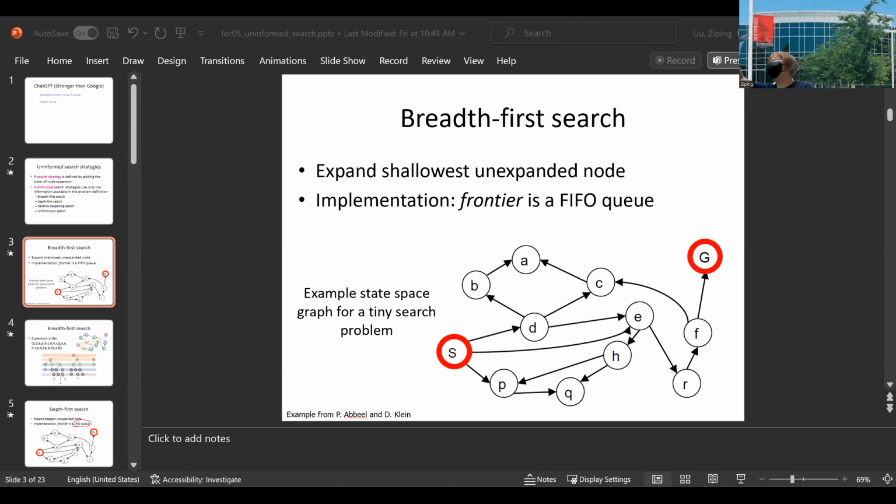You can clearly see it goes along the path as deep as possible, and then goes back and expands the other neighbors. This is the opposite of breadth first search. So this is depth first search.